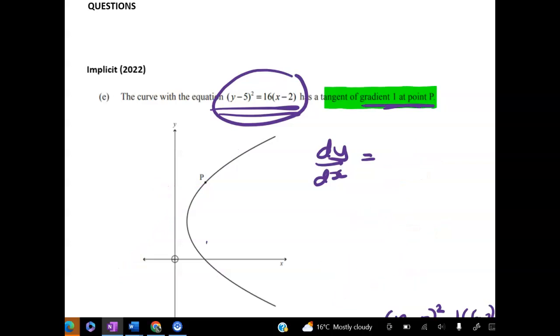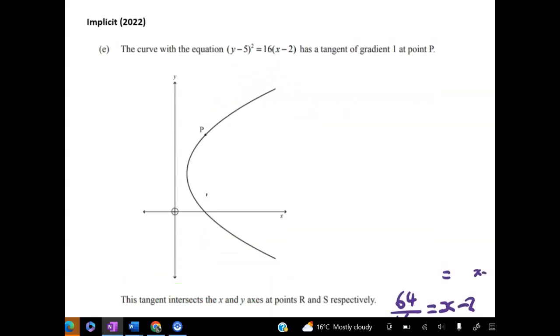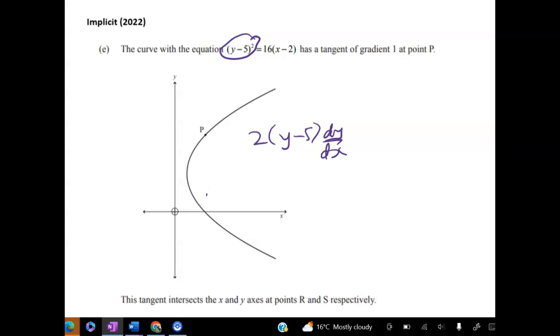Where I'd like most people who are coming to the Saturday classes to get to, though, is that you see implicit as a really easy and useful technique to use, not as something that's scary at all. But you do have to be confident with the chain rule to make it work. Like here, you have to recognize that it's going to be 2 times (y minus 5) times dy/dx. So that might be a place where some of you need to practice, not on implicit, but on the chain rule.